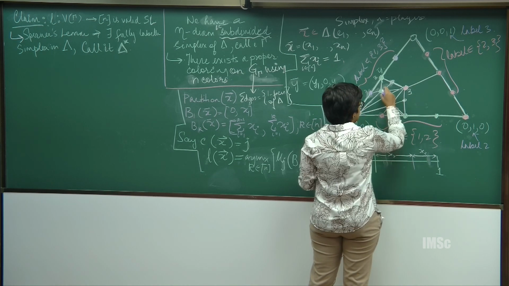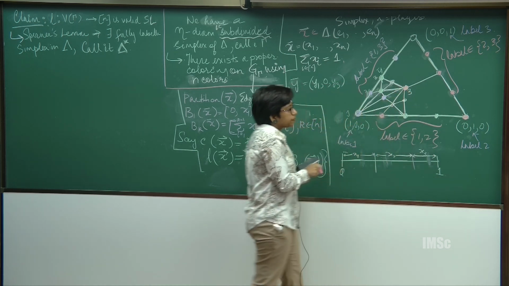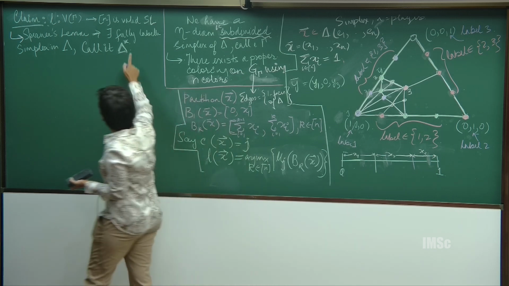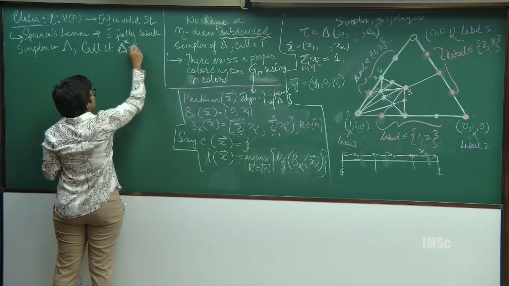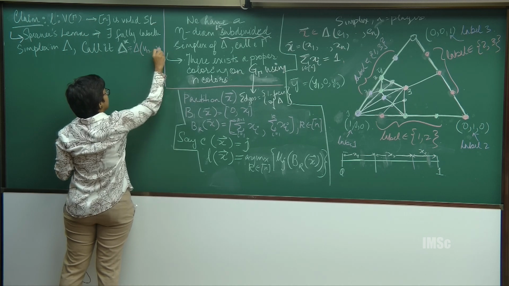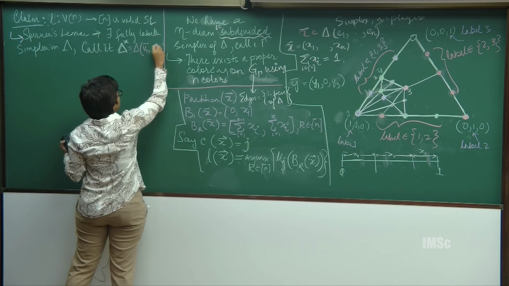There exists, let's call it, a multicolored simplex. This is the n-1 simplex. Its base points are V1 to Vn. Okay. So far so good.